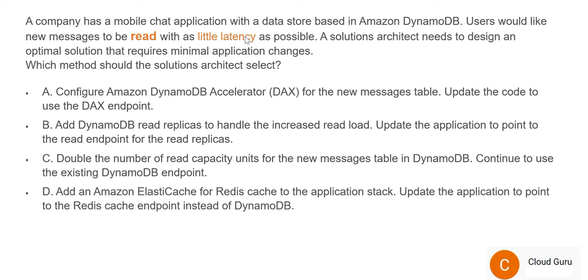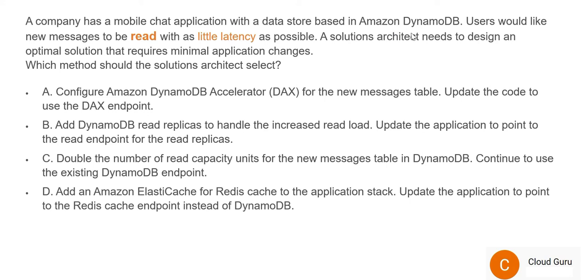And when you are having DynamoDB, that means your application is reading from DynamoDB. So when it is DynamoDB, what is the cache you use? You always use DAX. DAX is the cache for DynamoDB. For other databases like RDS, RDBMS, etc., Memcached and ElastiCache can be used.